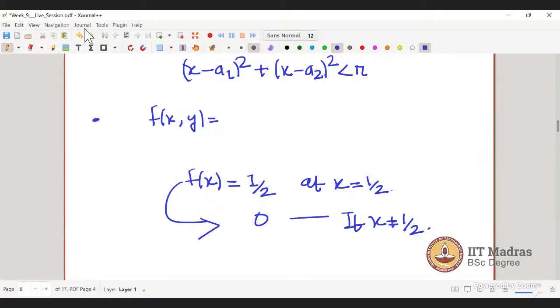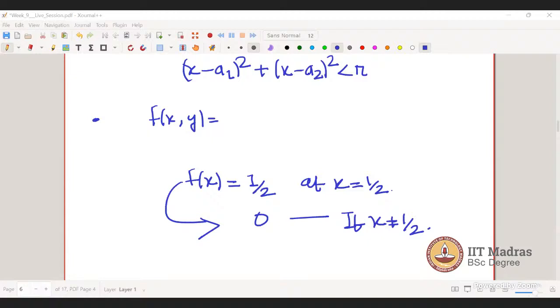No, it's not differentiable at half. The function itself is not differentiable at half. If you just take the value of that function and differentiate it, then obviously every time you will get the derivative to be 0.